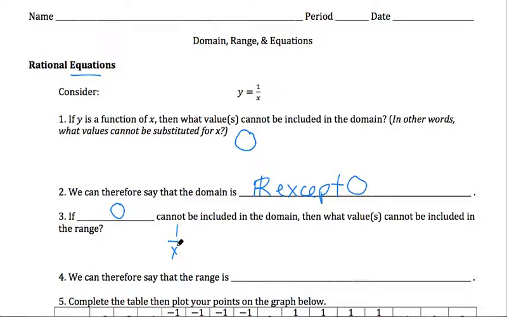No matter what we do to the x, the numerator will always be 1, so we can never make that equal to 0. So therefore, the range is also going to be all real numbers except 0. Now, we'll see that the domain is going to vary a little bit more coming up, but the range is going to typically be this all real numbers except 0.